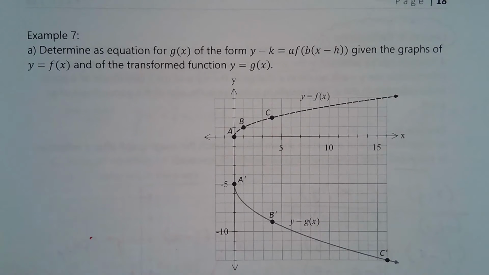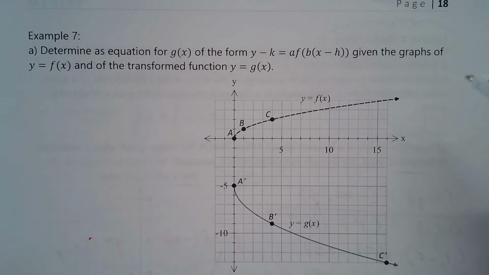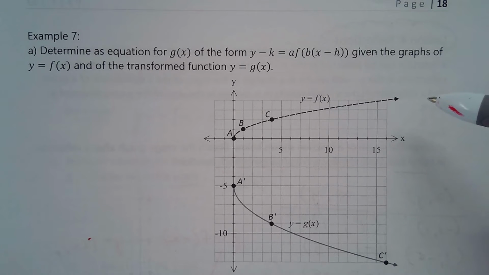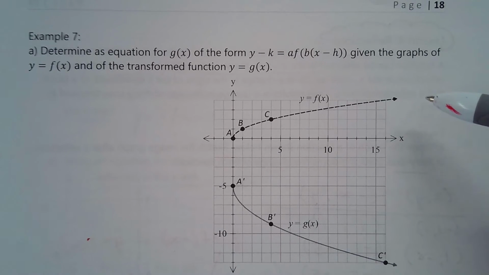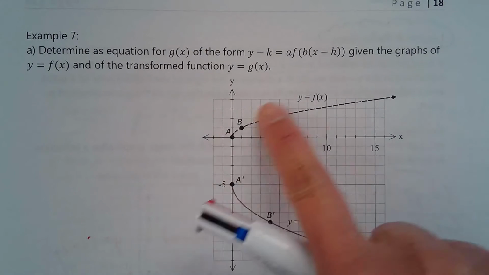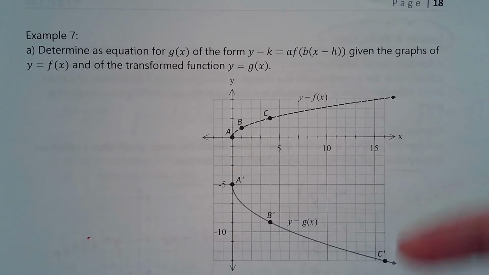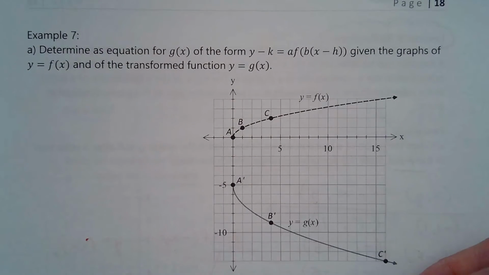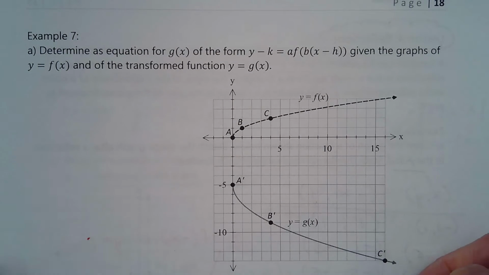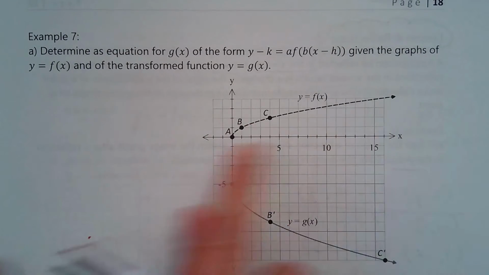Just by inspection, what do you think is happening in here? What do you think happened here? So you're probably thinking that the graph is going this way, but now it's down here, so there's a reflection in the x-axis, right?